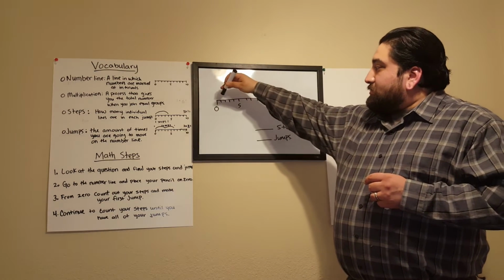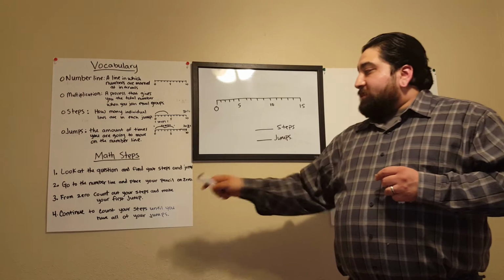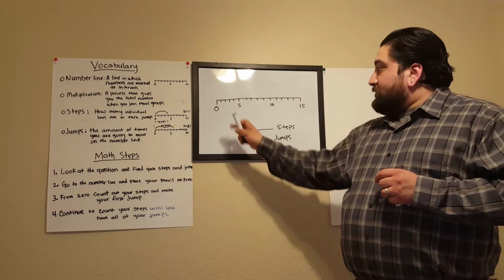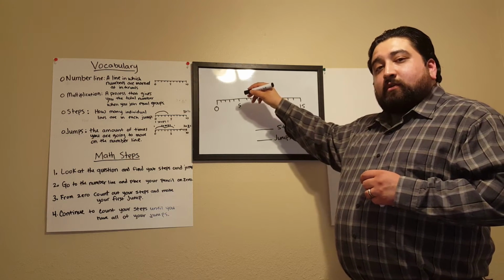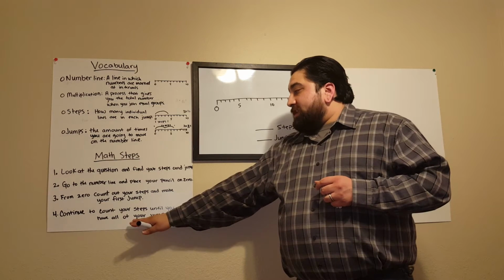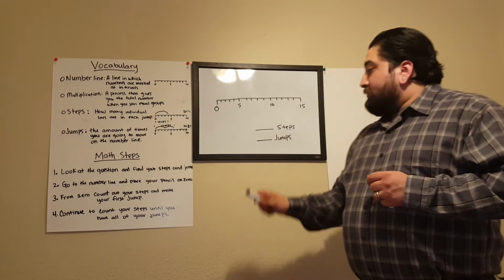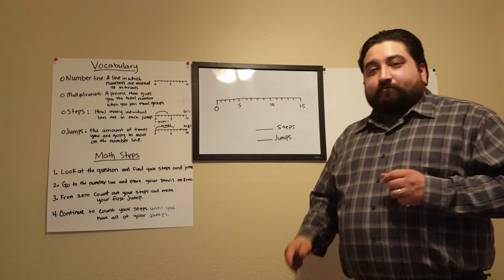Once that is done, you can go to step number 3: from 0, count out your steps and make your first jump. And once you have your first jump, you can go to step number 4 to continue counting your steps out until you have all your jumps.